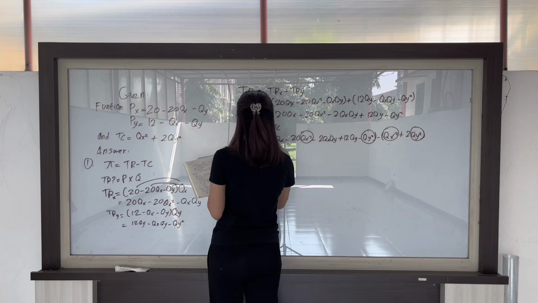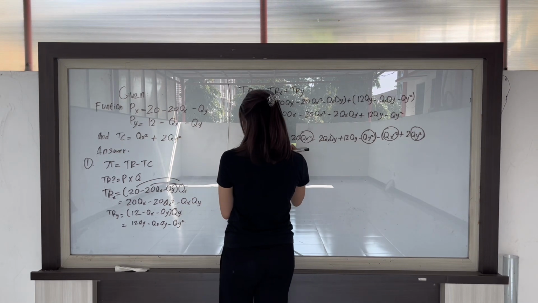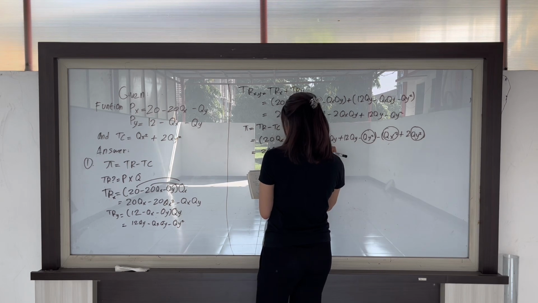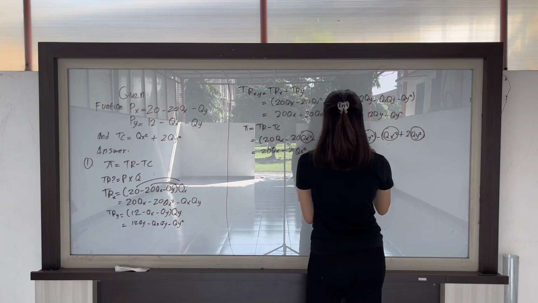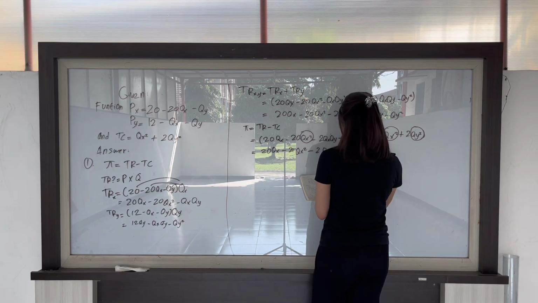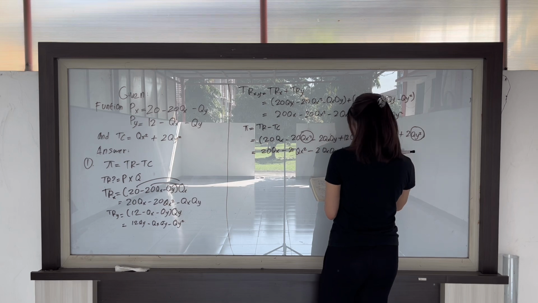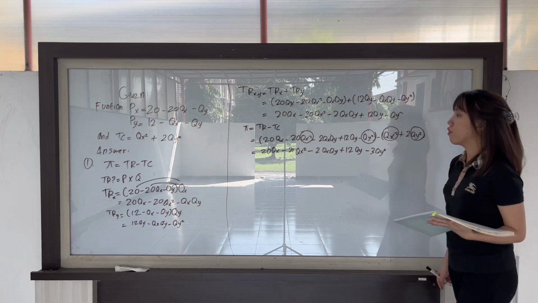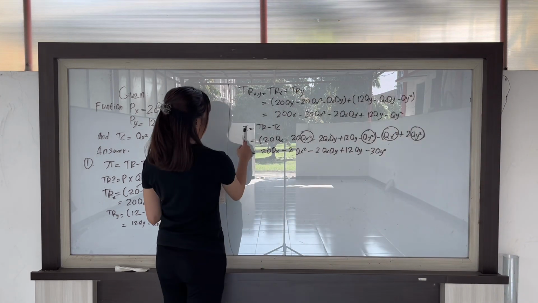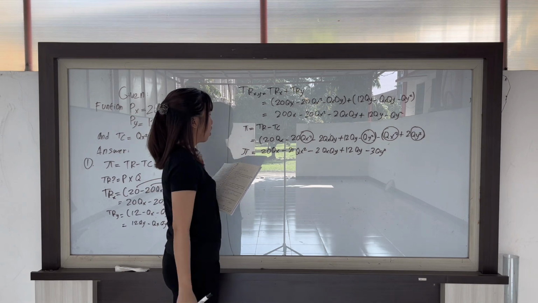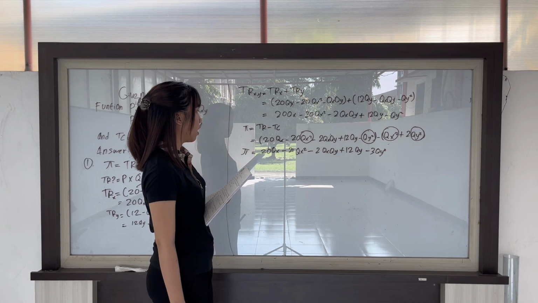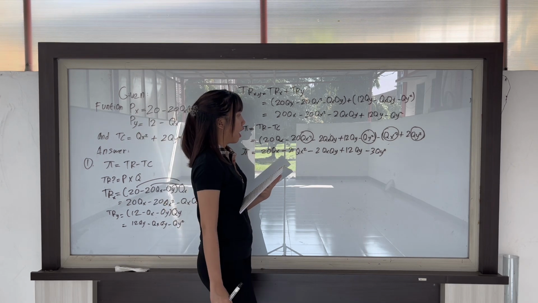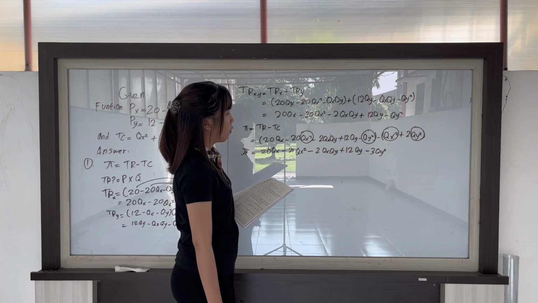The result is 20Qx minus 21Qx squared minus 2QxQy plus 12Qy minus 3Qy squared. Okay, now we have the profit function: P is 20Qx minus 21Qx squared minus 2QxQy plus 12Qy minus 3Qy squared.